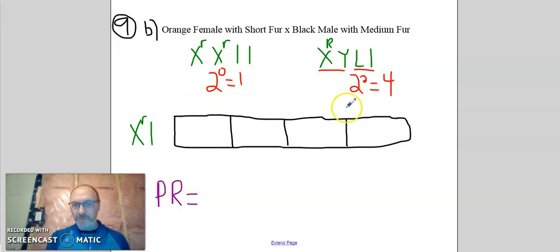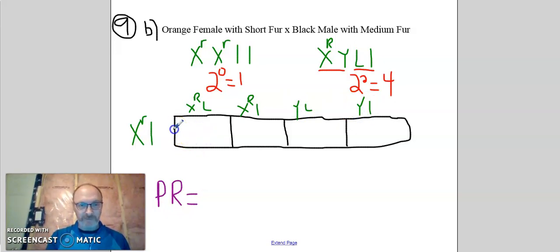Again, along the top, we're going to put the male sperm genotypes, and again, you want every combination that's possible of sex chromosomes with the L's. So we've got X, big R, with a big L, and X, big R, with a little l, and we've got Y with a big L, and Y with a little l.